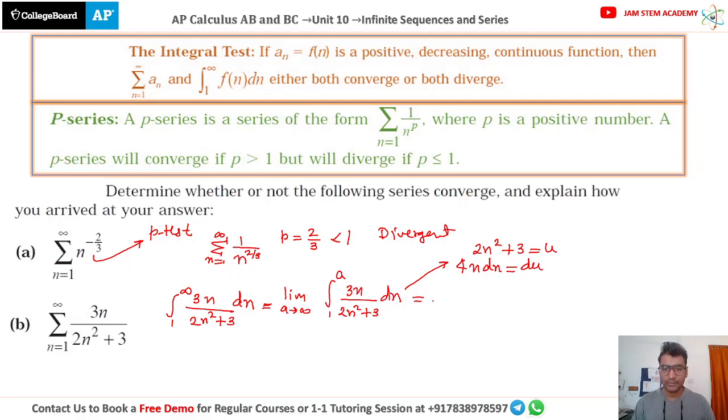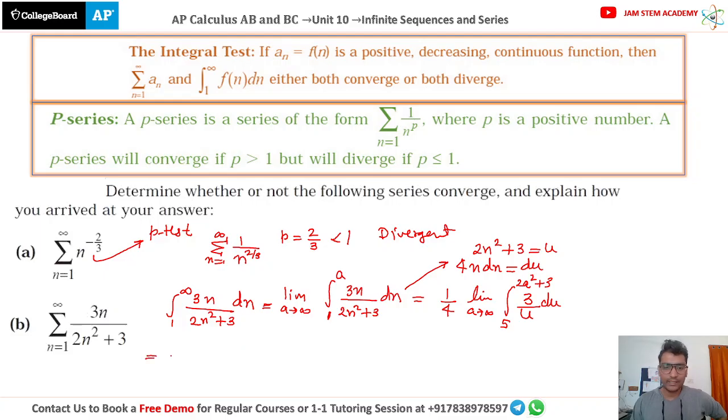So simply make it 1/4 of limit a tends to infinity. For the integral, if the lower limit n is 1, what is u? u is 5. If n is a, u is 2a squared plus 3. I have to change the limits as well. It gives me 3 as it is divided by u du.